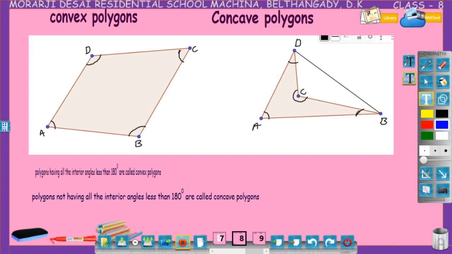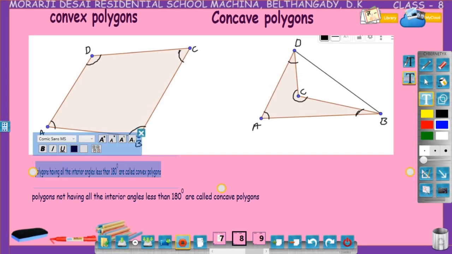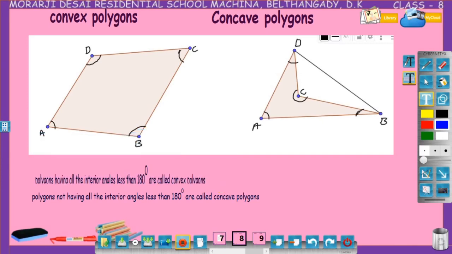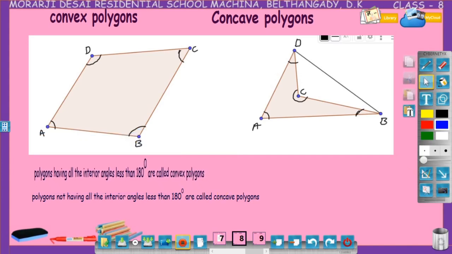And in concave polygons, one or more diagonals will come outside the polygon. But in convex polygon, all the diagonals are inside the polygon. So this is about convex and concave polygons.